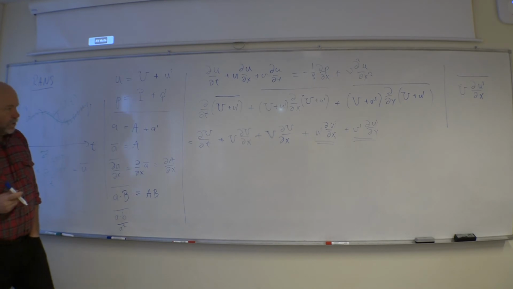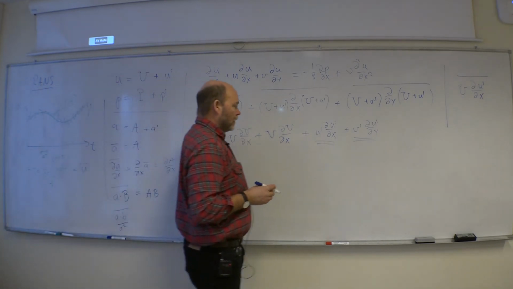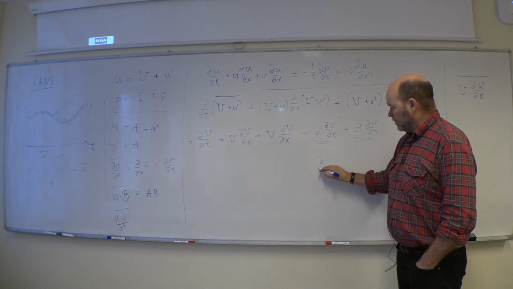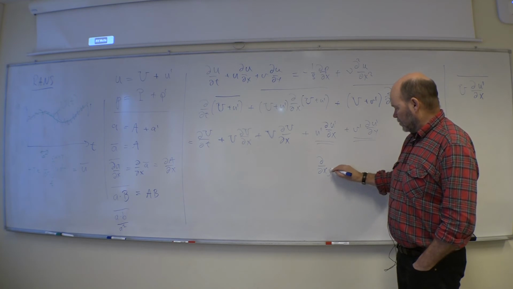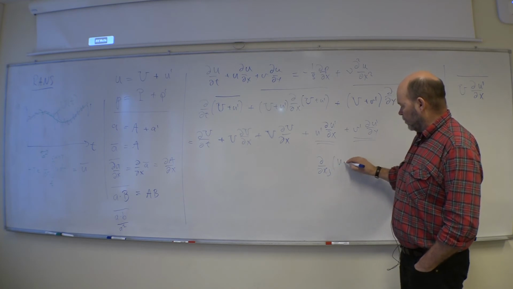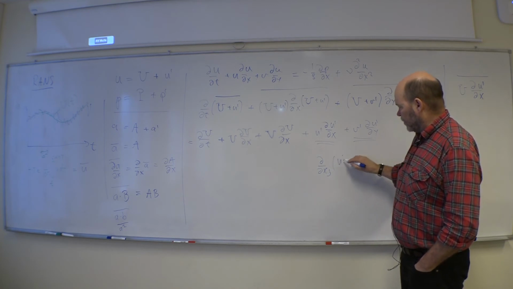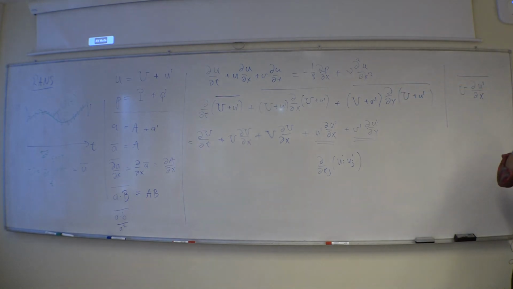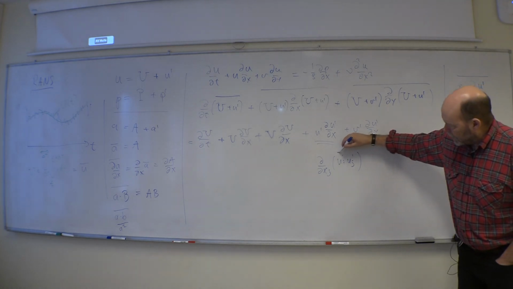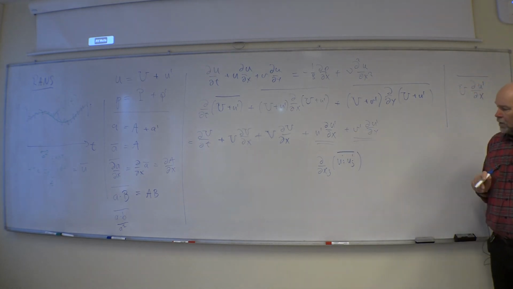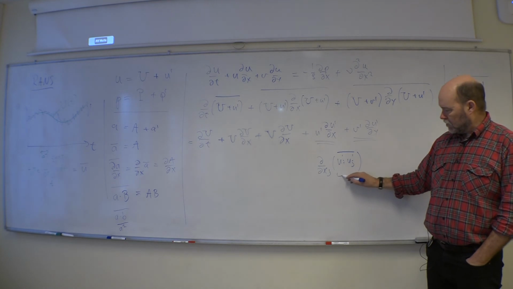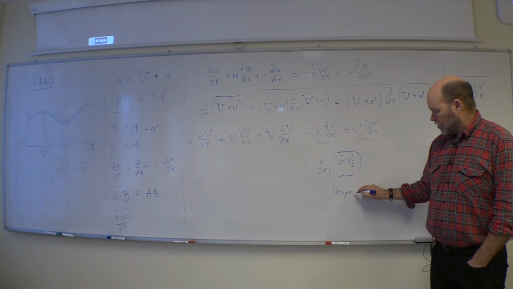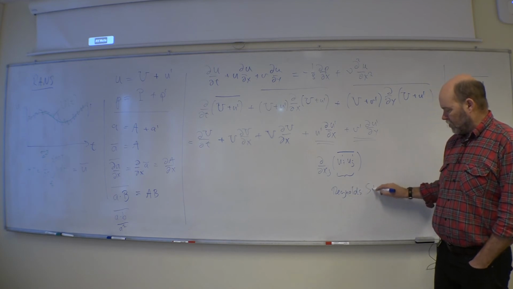So typically what we do with these, we write them on the form d dx j of u i fluct u j fluct, parentheses, something like that, and then time averaged. And these guys, that's what we call a Reynolds stress.